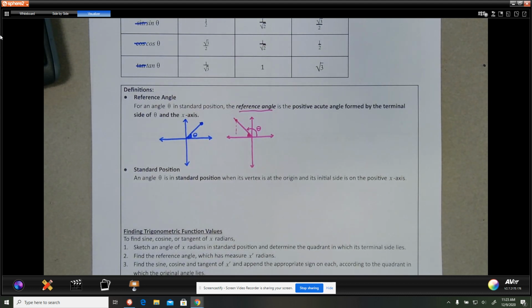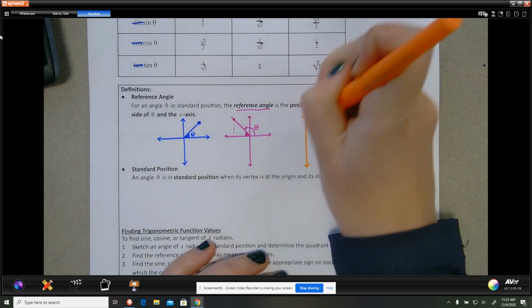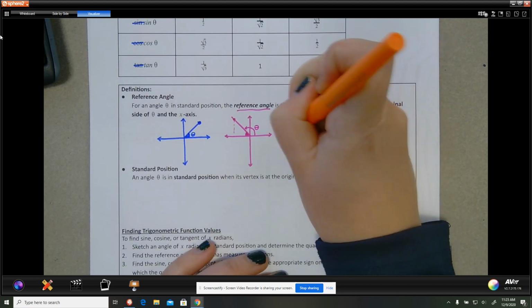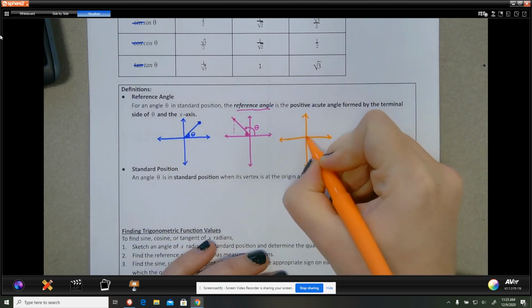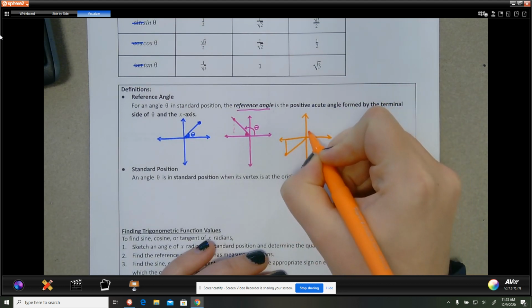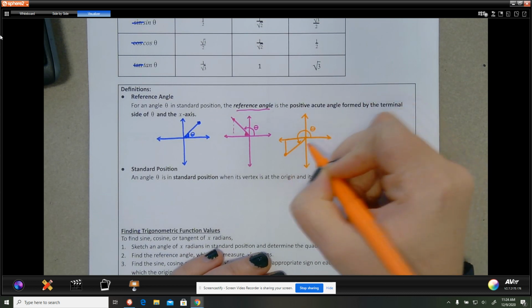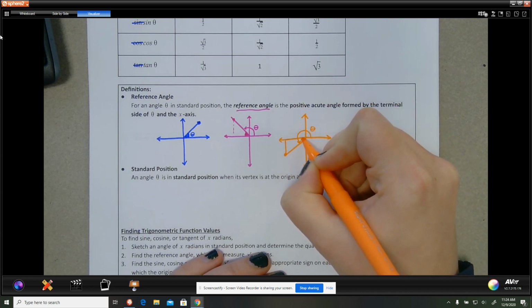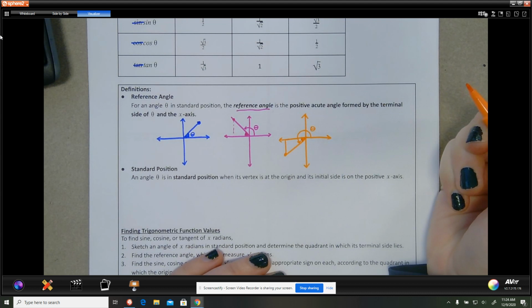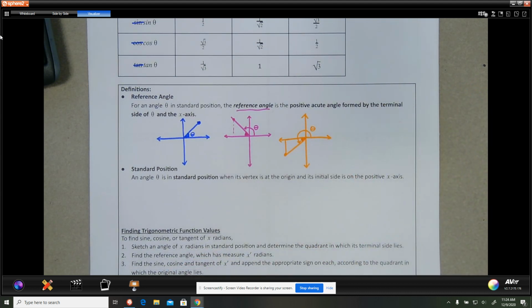Okay, next one, if we're in the third quadrant, all right, the whole angle around here is my theta, technically, but my reference angle is just this little angle that it makes right here. This little shaded angle back to the x-axis.